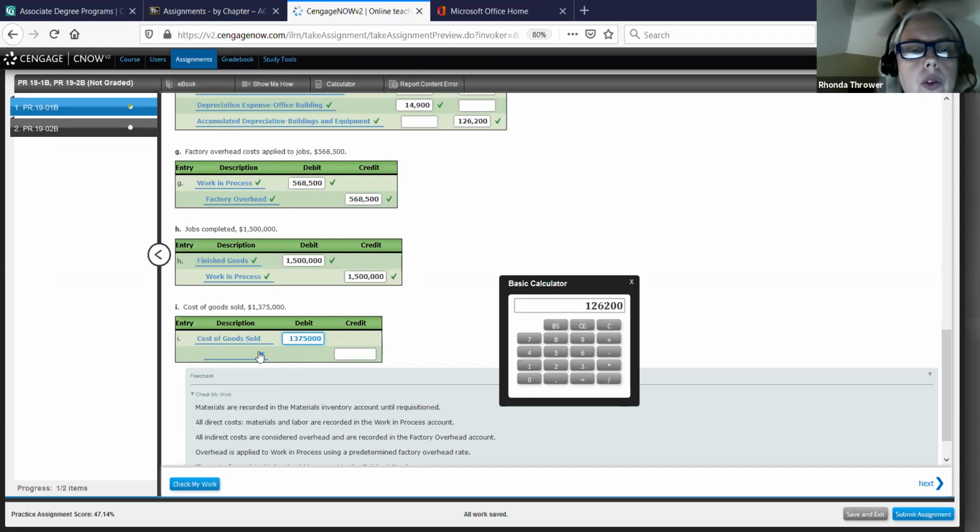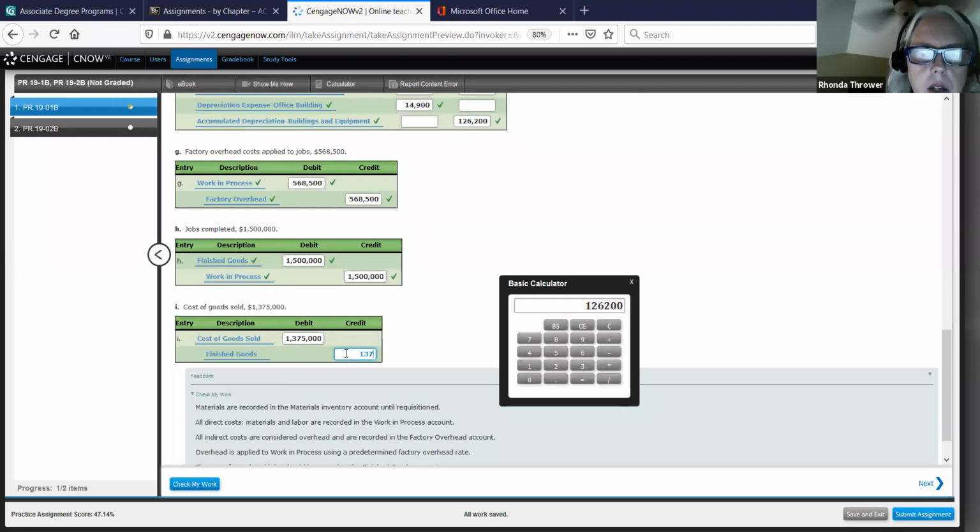And then we're going to credit our finished goods account. The finished goods is an inventory account, and when they're sold, we ship them out to the customer. And so we'd have to create a journal entry to record the cost of those goods that we shipped out.